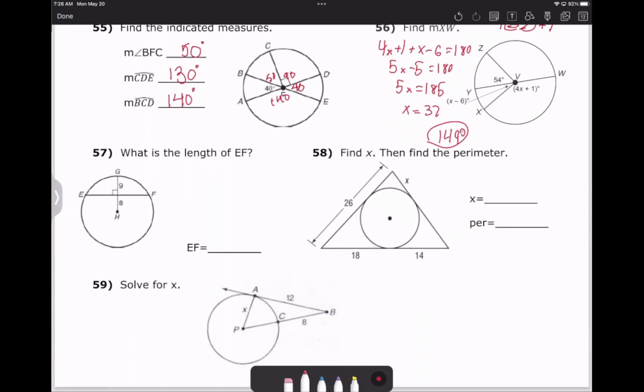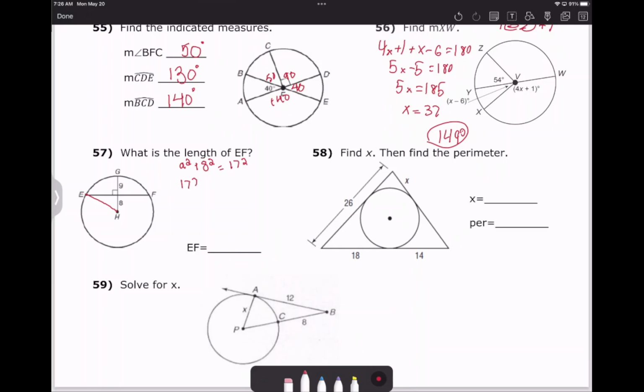All right, so find the length of EF. To do that, you need to first draw out a radius connecting E to H or F to H, doesn't matter which one, to make that triangle. We do know that EH is 17 because it's the sum of 8 and 9.